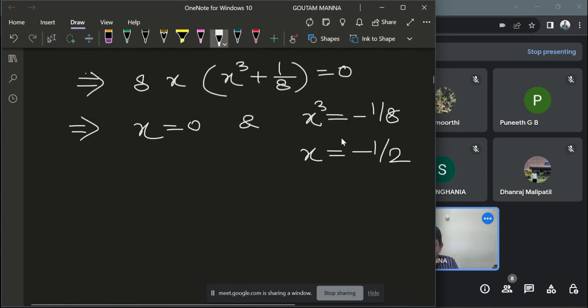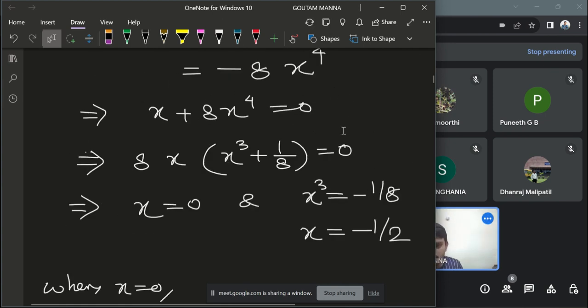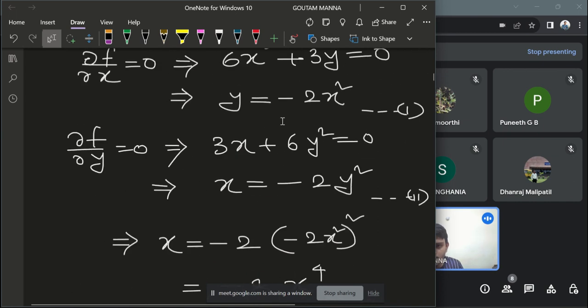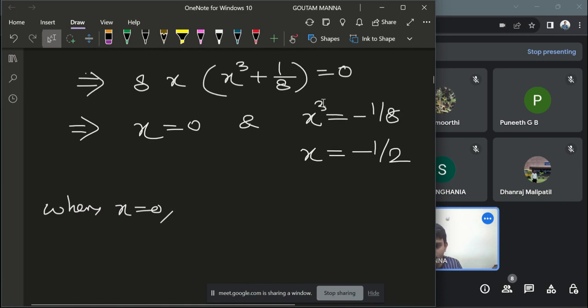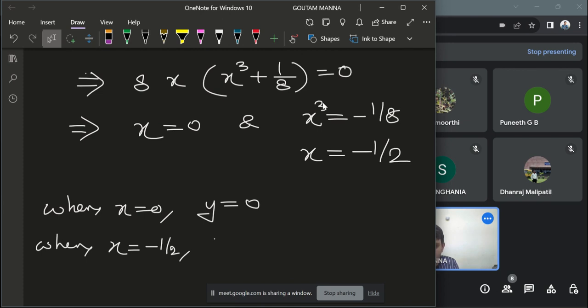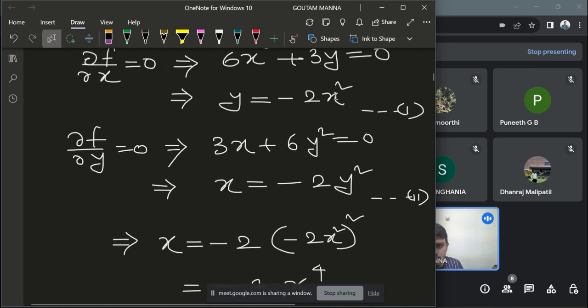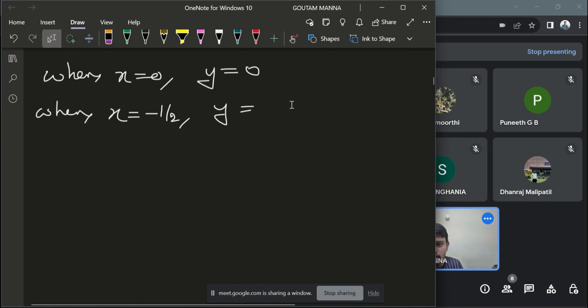And now when x equals to 0, the value of y we can find from equation 1, y is also 0. And when x equals to minus half, if I put minus half in equation 1, x square is 1 by 4 and there is a 2 here, so multiplied by 2 it is half and there is a minus sign, so y is also minus half.